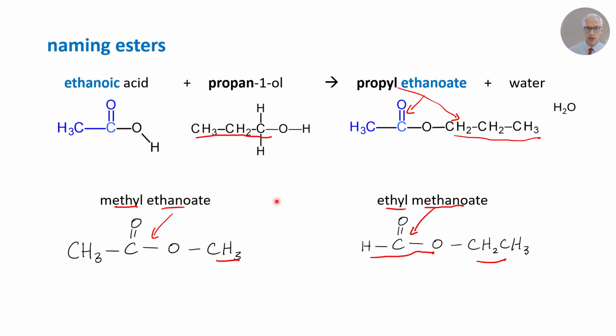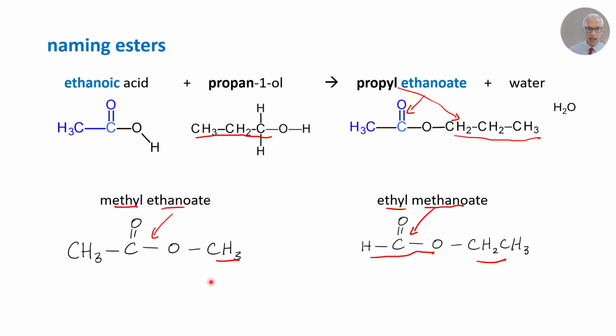Now, a question that keeps coming up is, what would be the reactants that go to make methyl ethanoate? Remember, we want a carboxylic acid and we want an alcohol. The alcohol provides the alkyl group and the carboxylic acid provides the anoate group.